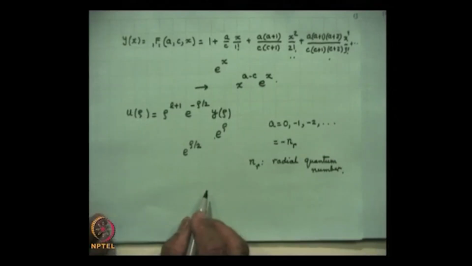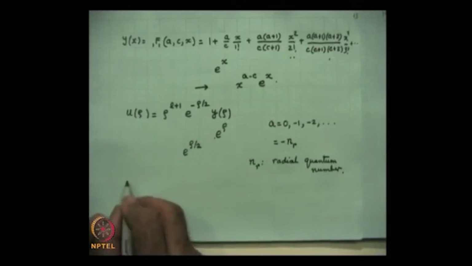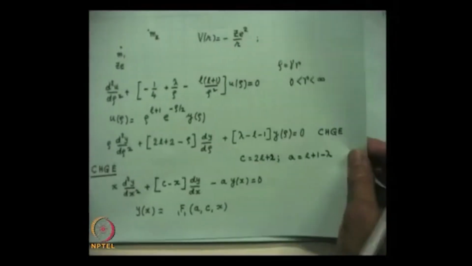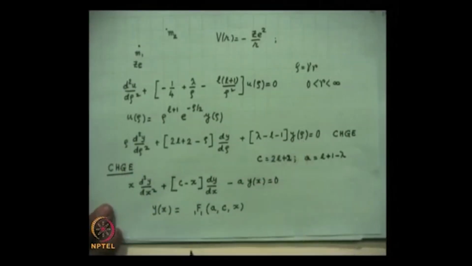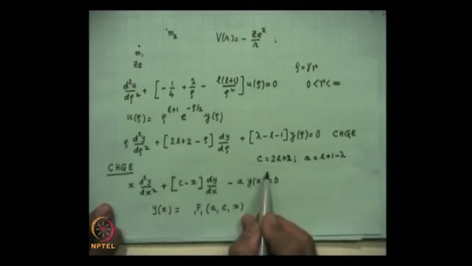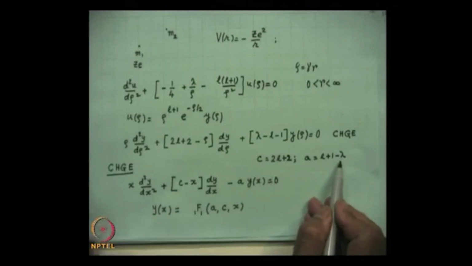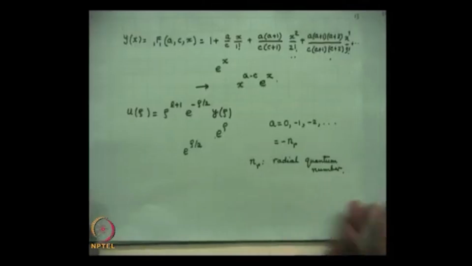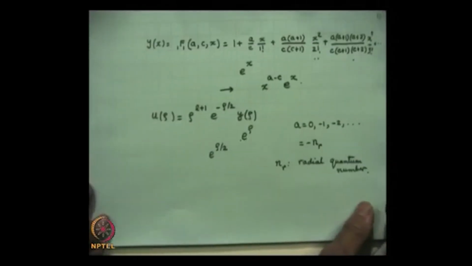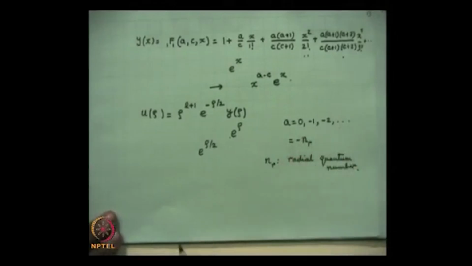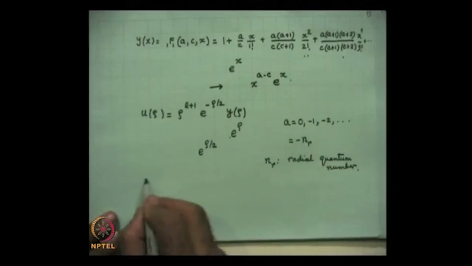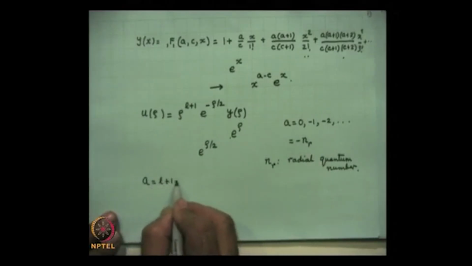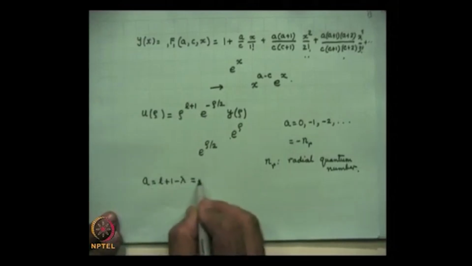Recall that the differential equation we obtained was the confluent hypergeometric equation with c equal to 2L plus 2 and a equal to L plus 1 minus lambda. So, we have now shown that for the solution to be well behaved, a must be 0 or a negative integer, which I write as minus n_r, and since a is equal to L plus 1 minus lambda, this is equal to minus n_r.